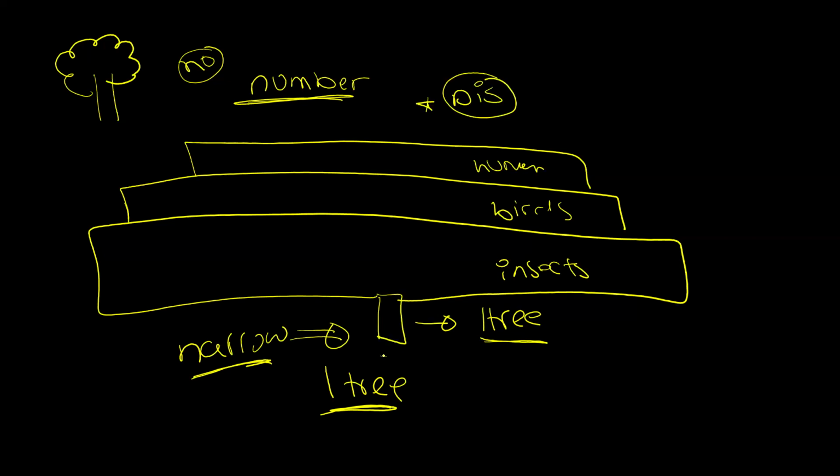It is narrow at the base because it represents only one tree, and then it is wide and narrows down as normal. Why is the first base so small? Because how many trees does it represent? Only one. So the pyramid of number is not always inverted, but most of the time it is, and this is the disadvantage.